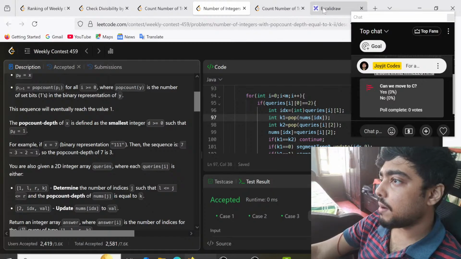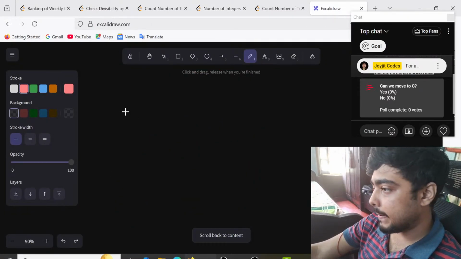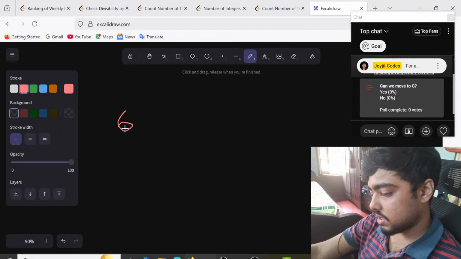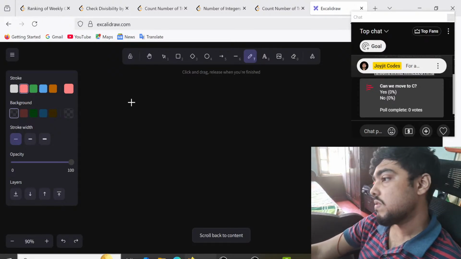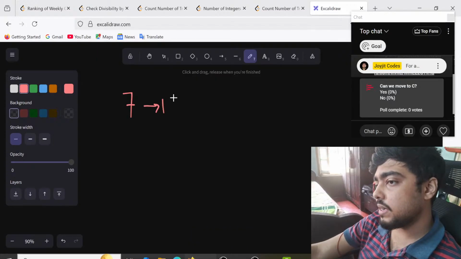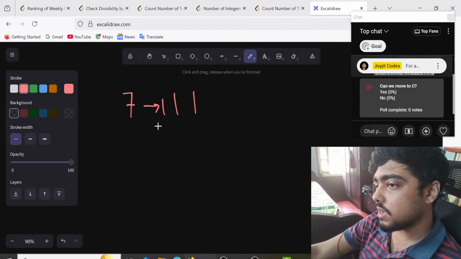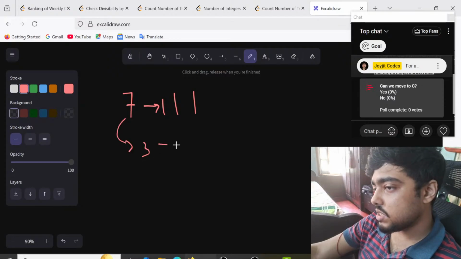Let's take a value, 7. What is its binary? It is 1 1 1. How many set bits are there? 3. So 7 becomes converted to 3. Its binary is 1 1, with 2 set bits, so 3 becomes converted to 2.